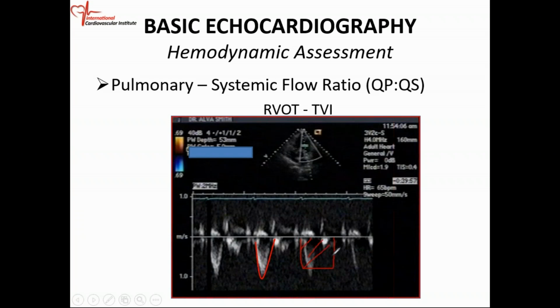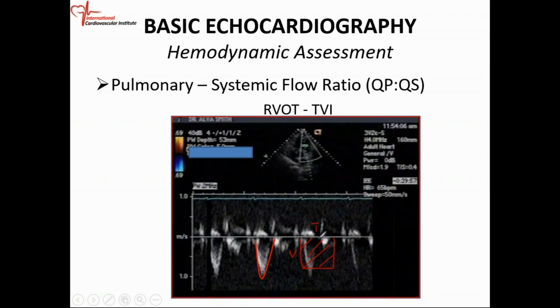And the area of a rectangle, you're going to use one side. We have time on the horizontal axis, and the vertical axis is velocity. So the area would be the breadth times the length.